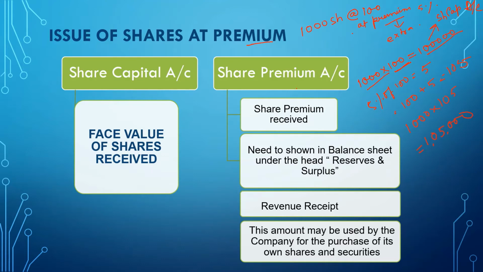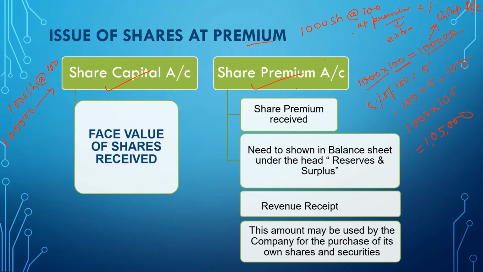In case you are issuing shares at premium, you have to open two accounts: one share capital account and the other share premium account. Now share capital amount means I am issuing 1,000 shares at the rate of 100. So how much will go? 1 lakh will go to the share capital account.